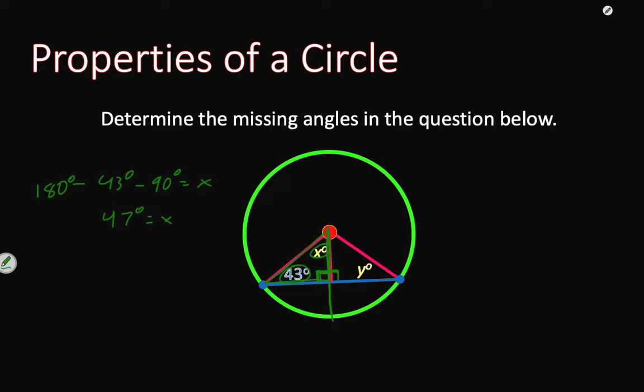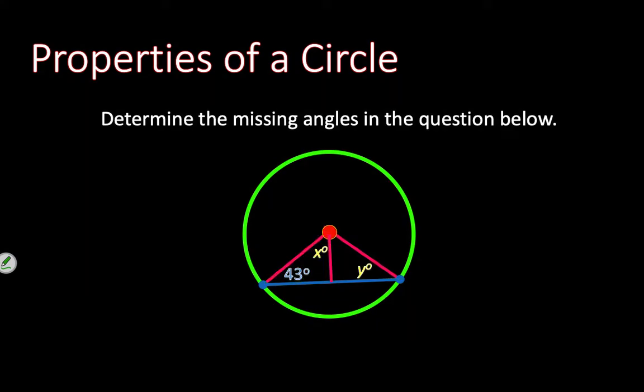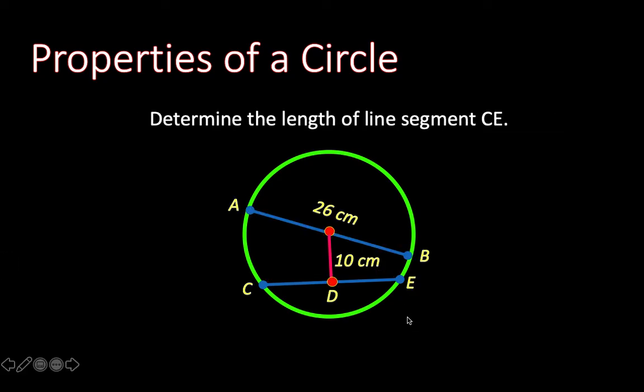So, if this length right here is exactly the same as this length right there, that tells me that this is symmetrical, meaning this 43 degrees is the same thing as this angle right here. So I can then say that y equals 43 degrees. So that's how we use chords that have been bisected down the middle to figure out things that we didn't know.